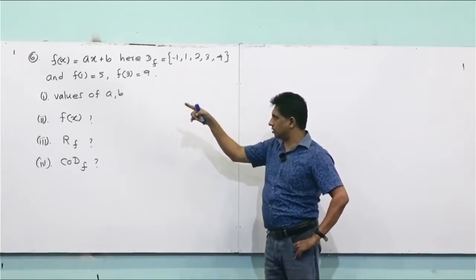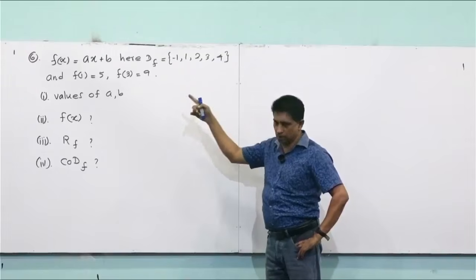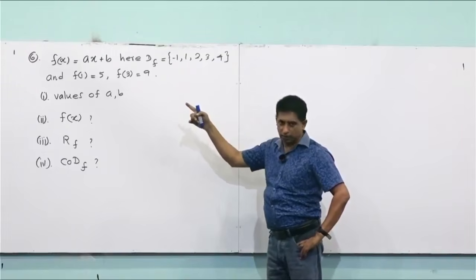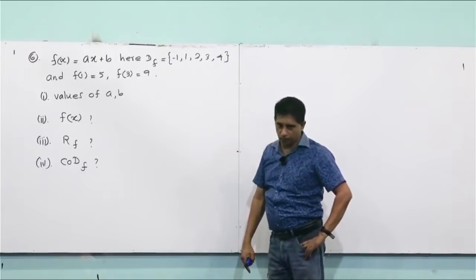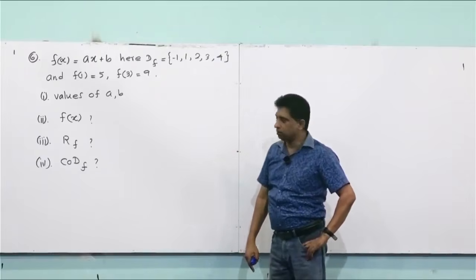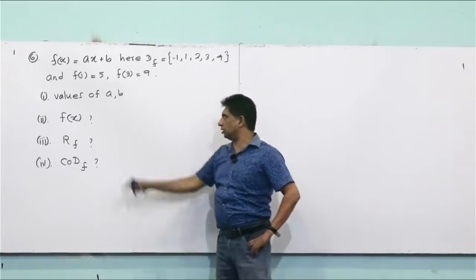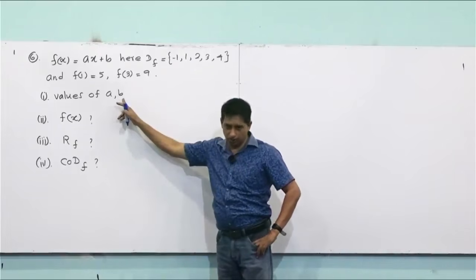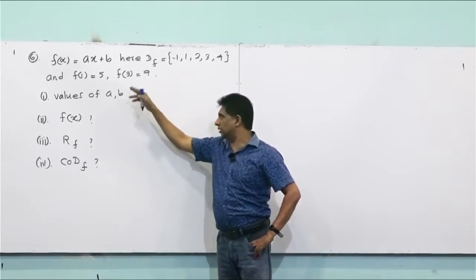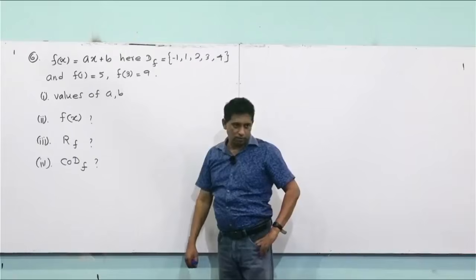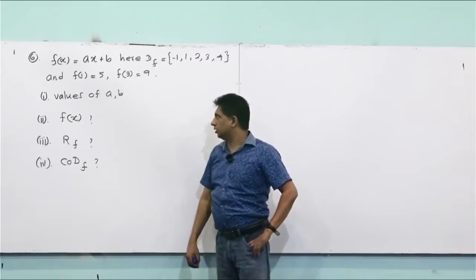The image of x is equal to ax plus b. Then what is the problem? There are two unknowns, a and b. A and b are constants, so we have to find the values of a and b.